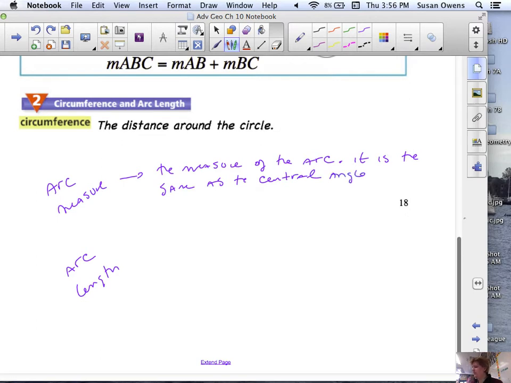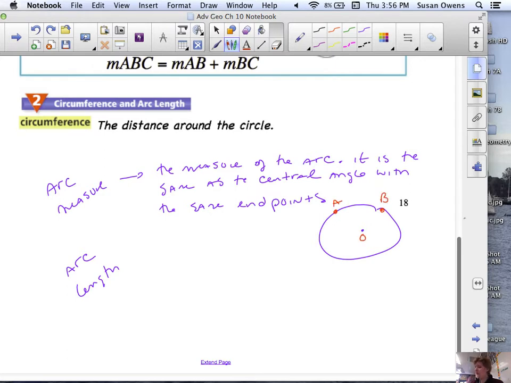That would contain the same endpoints. Okay. So if I draw a circle and then I put an arc on it, and I'll call this circle O, and I'll call this arc AB.